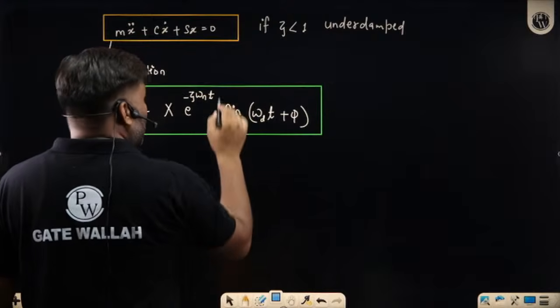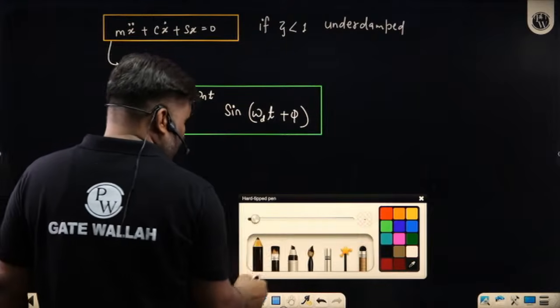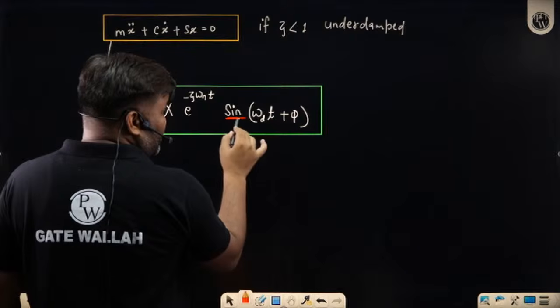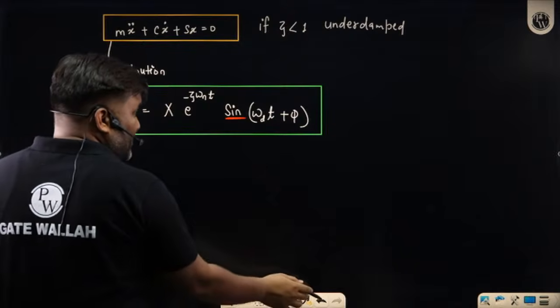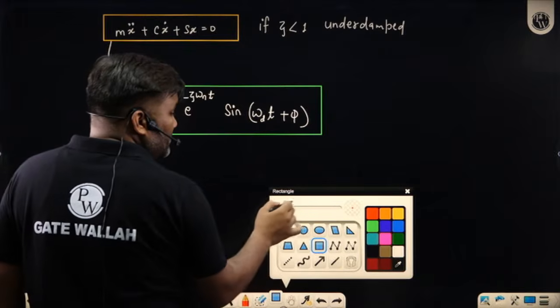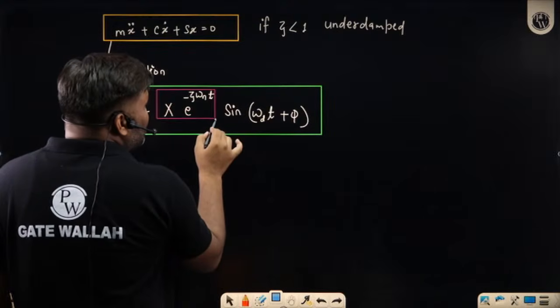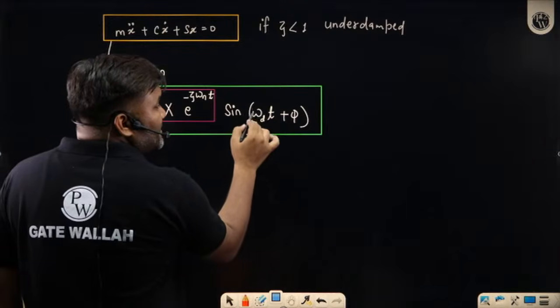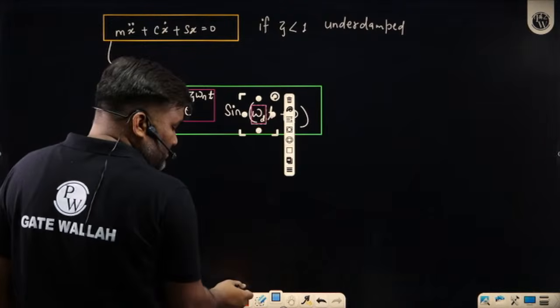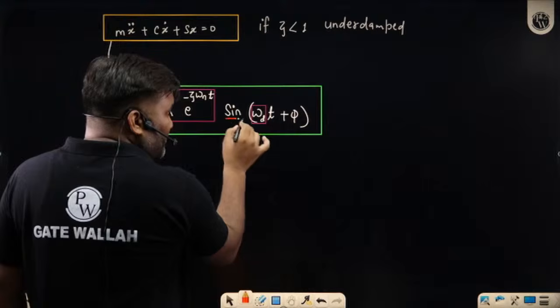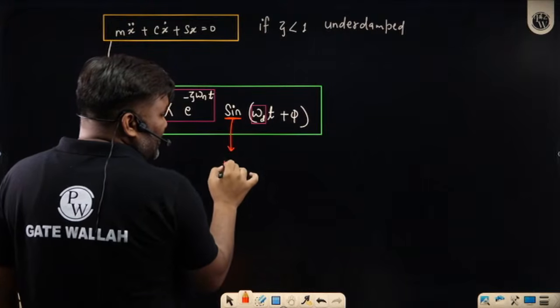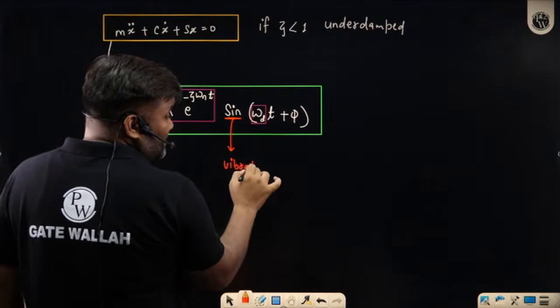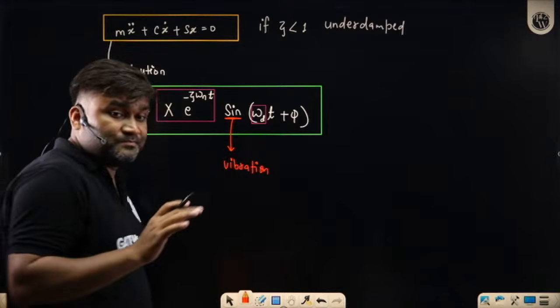That's the solution. By looking at the solution, can you say that we have x as something times sine of something t plus phi? The presence of sine represents that we are talking about vibration. The motion which we are seeing is vibration.